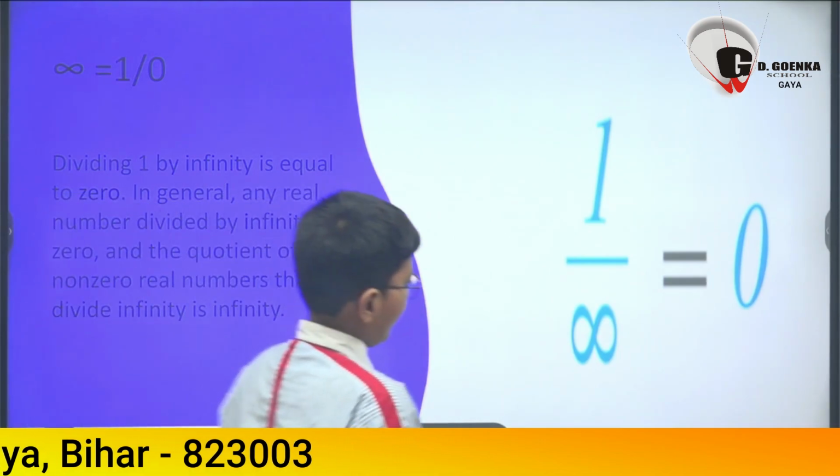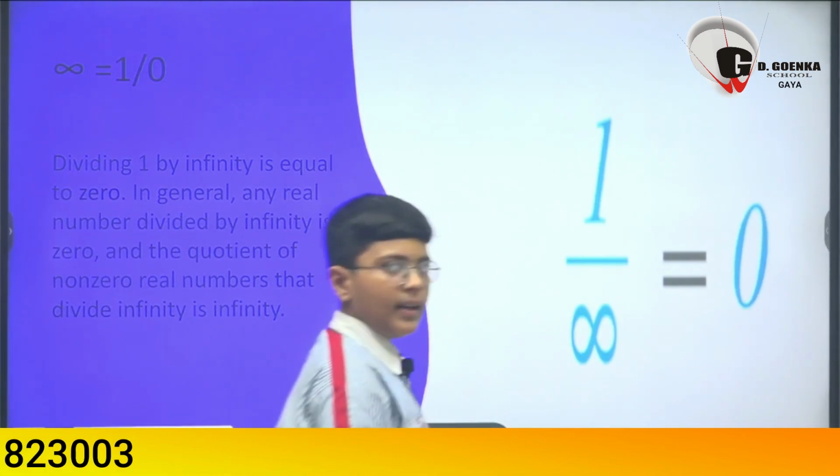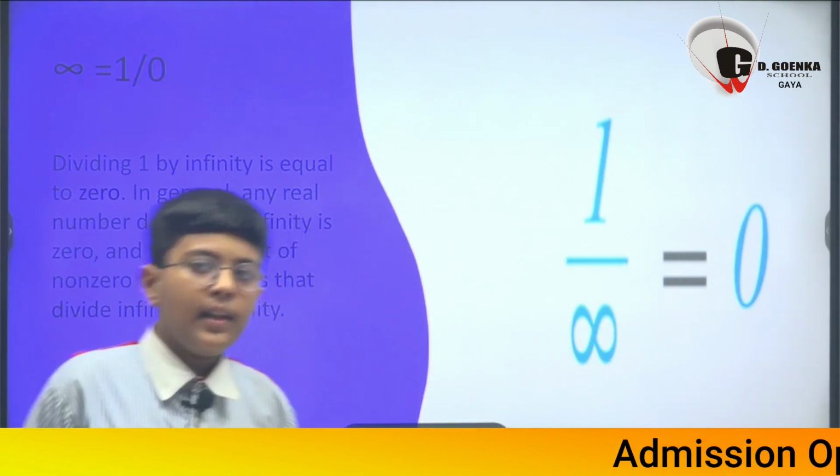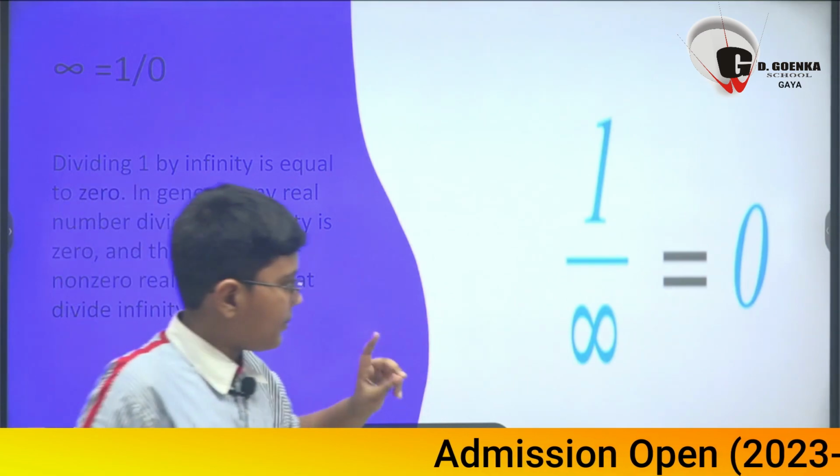Similarly, if infinity is in the denominator and the numerator is anything, 2, 3, 4, 5, anything, then the answer will always be 0.